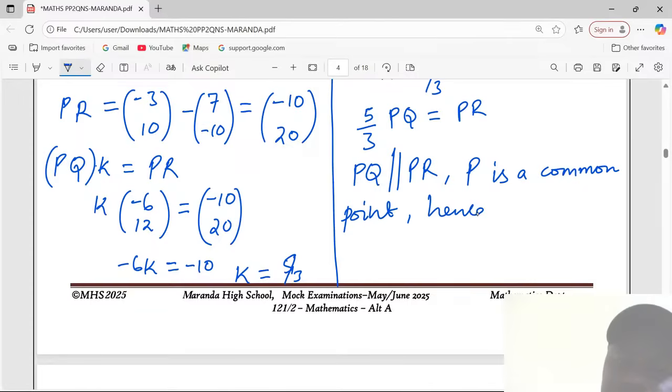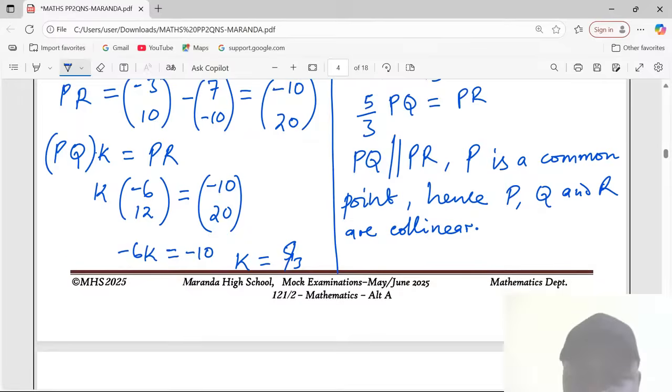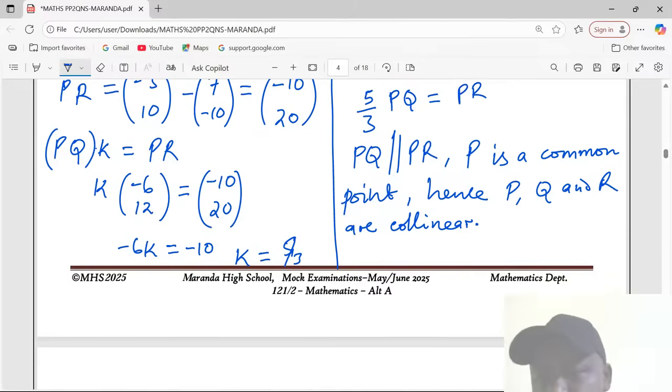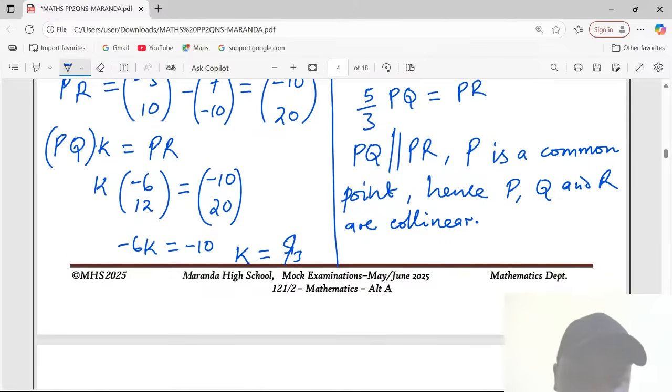Hence, P, Q, and R are collinear points simply because two vectors expressed from them are parallel to one another and they are sharing a common point.